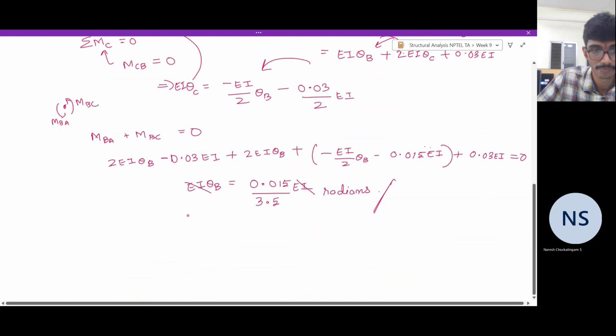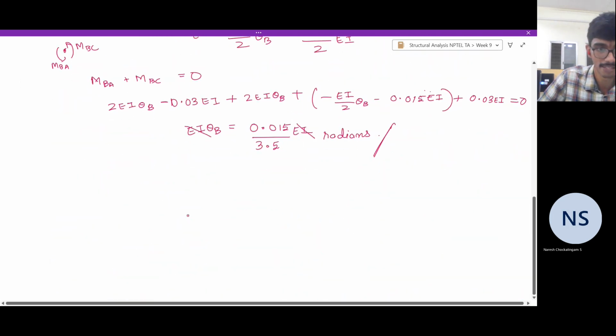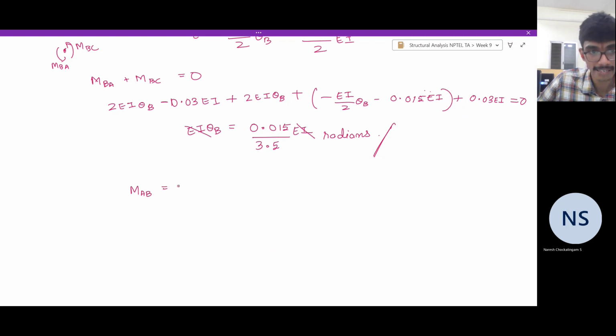So let us determine the numerical values. MAB is EI theta B, and EI theta B itself is 0.015 by 3.5 EI minus 0.03 EI.